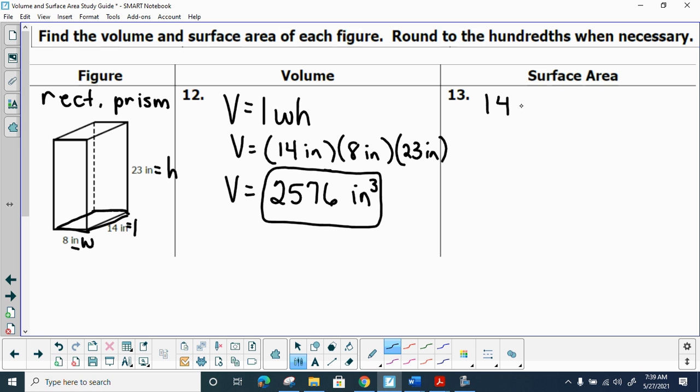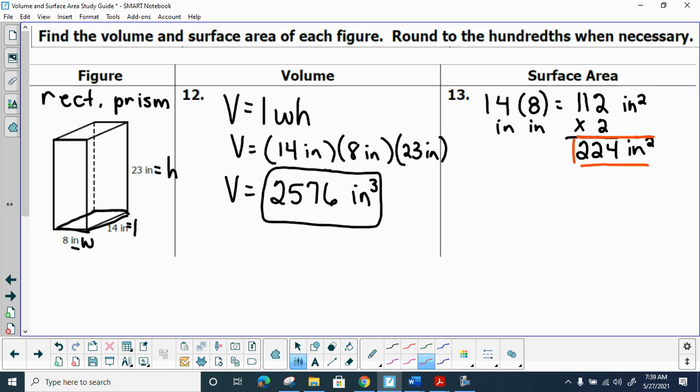So 14 by 8 inches for each one of those, the top and the bottom. 112 square inches. But there's two of them, a bottom and a top. So multiply that by 2. 224 inches squared. I'm going to box that so I can come back and find it.